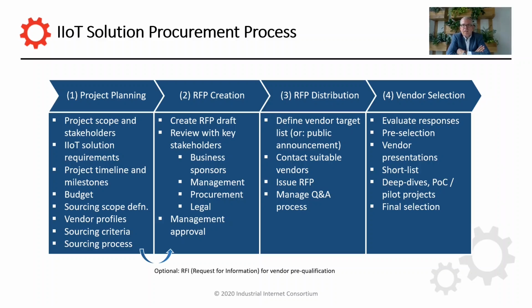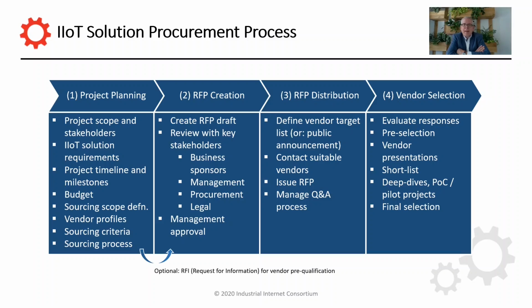The actual RFP distribution process is not only related to making sure that the RFP is reaching the most relevant vendors, but also making sure that they are engaged. Typically, no RFP document is perfect. There will be some questions, so you will have to have a structured Q&A process and so on.